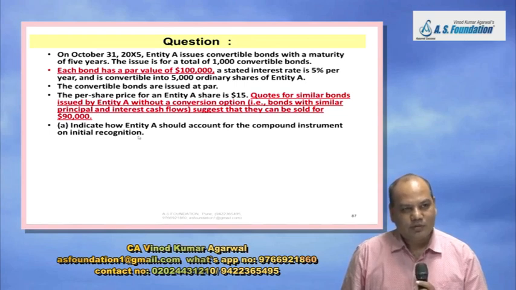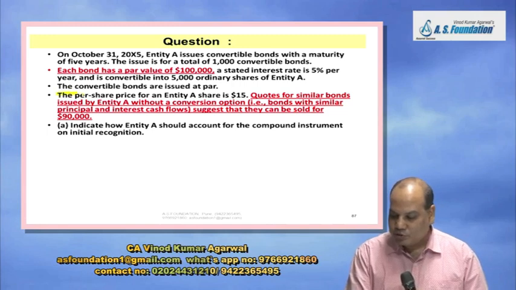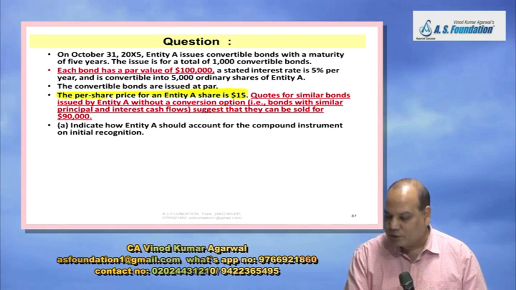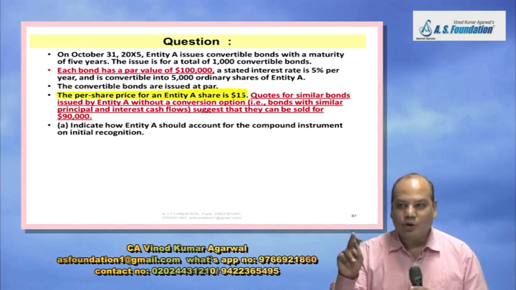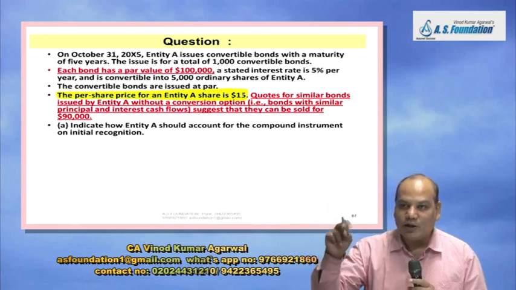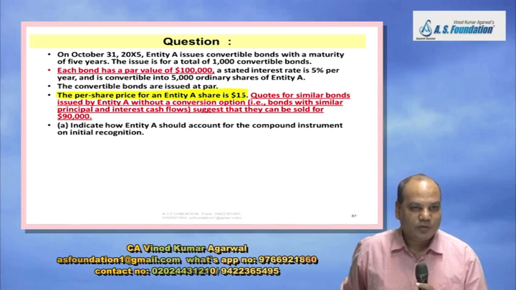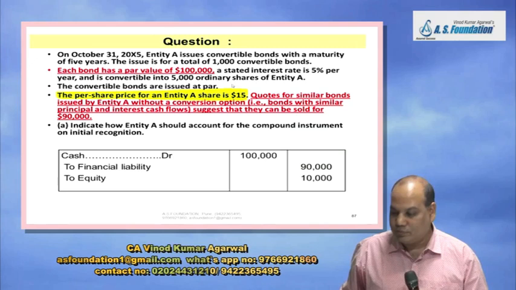Same question, same answer. Only this time, in order to confuse you, just to check whether you have read this chapter carefully or not, this extra information is given which is of no use. Equity will always be the residual value. First you have to deduct the value of liability from the compound instrument. So the entry will be the same. Cash account debit $1 lakh. We are passing the entry for just one instrument. Or you can multiply by 1000.